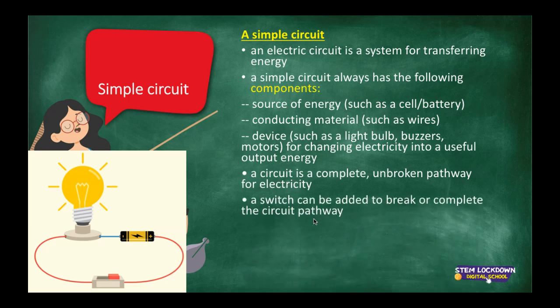All right, now a switch can be added to break or complete the circuit pathway. Now I want you to just listen to that and listen to the example that I'm going to give you. I'm going to read that again. A switch can be added to break or complete the circuit pathway.